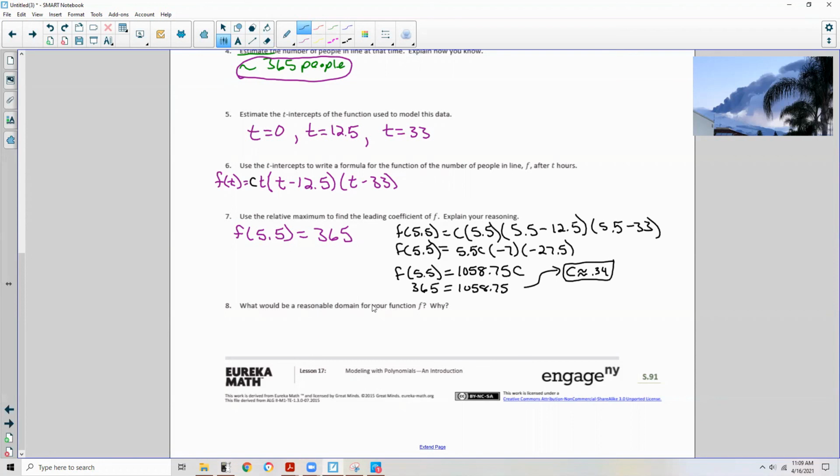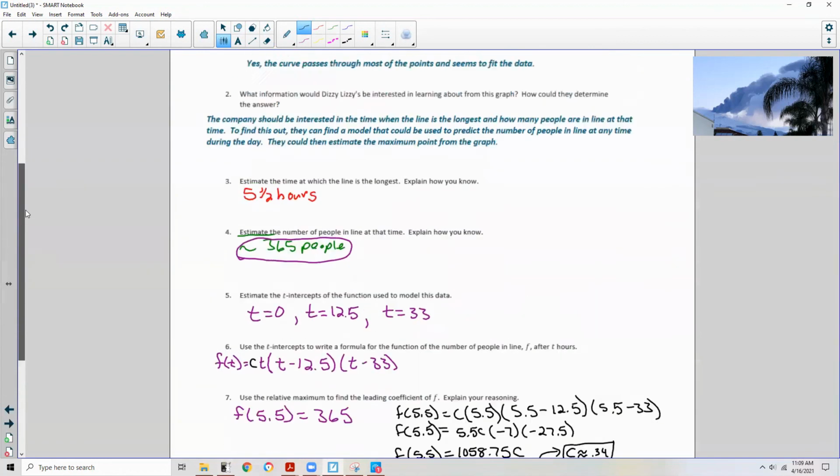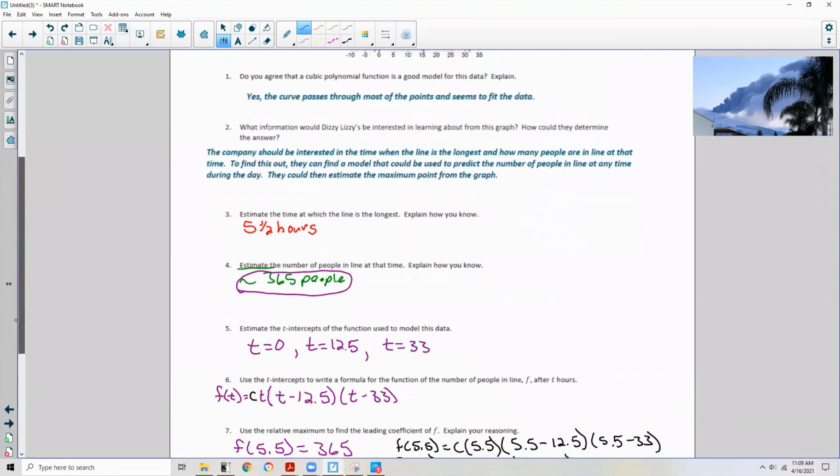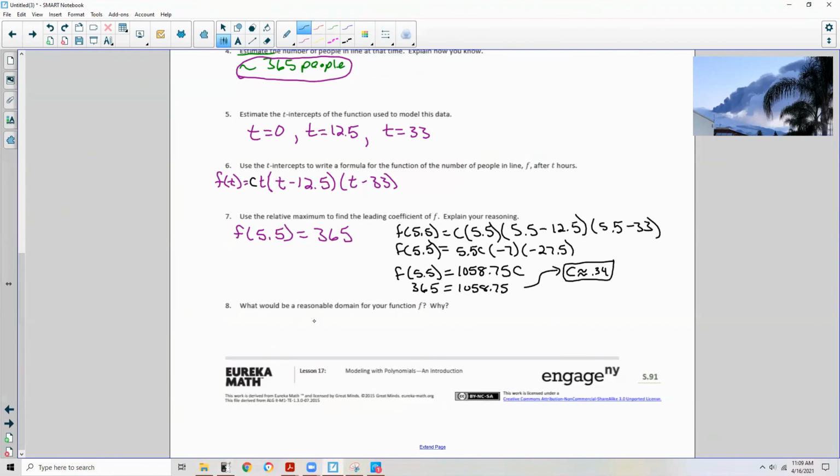What would be a reasonable domain for your function f and y? Well, the domain is time. So a reasonable domain would be t being between two values. We can't have negative time, so when the gates open, that is time 0.